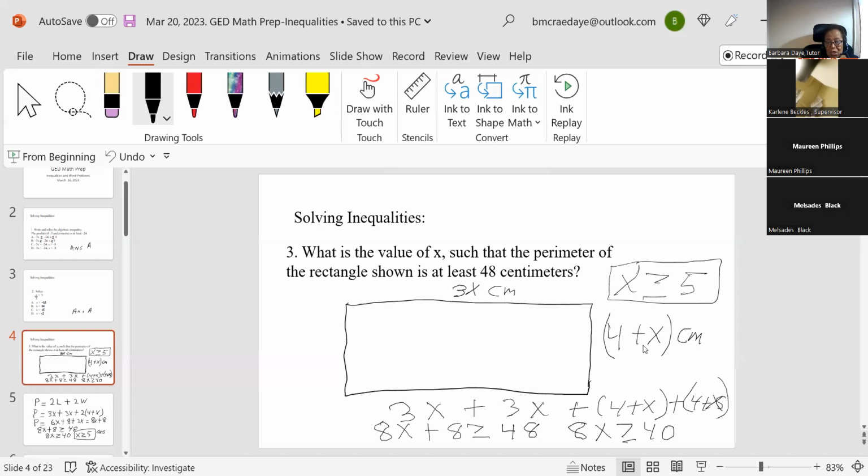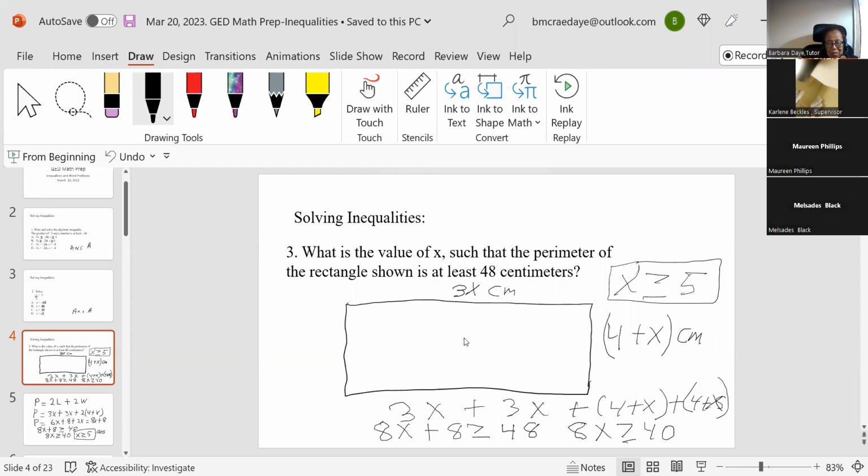So which one is longer? 15. That's what I'm saying, this one is longer. If this was a 5, 3 times 5 is 15, but 4 plus 5 is 9. Isn't this one longer than this one?